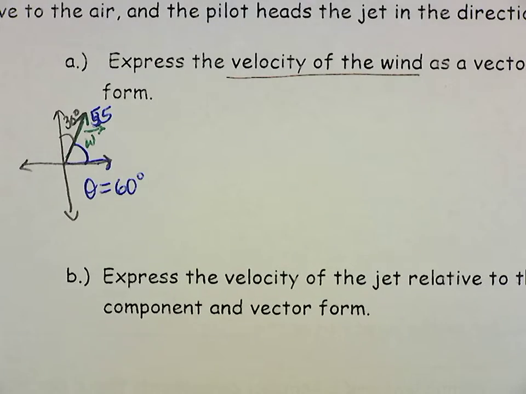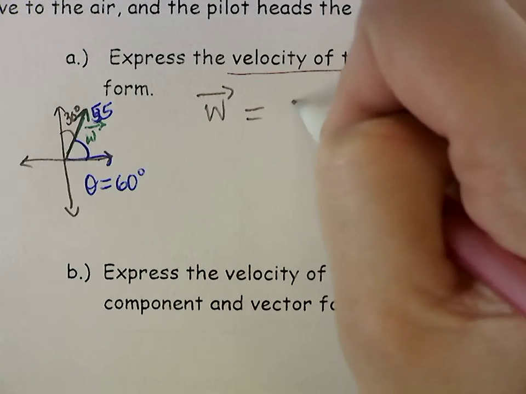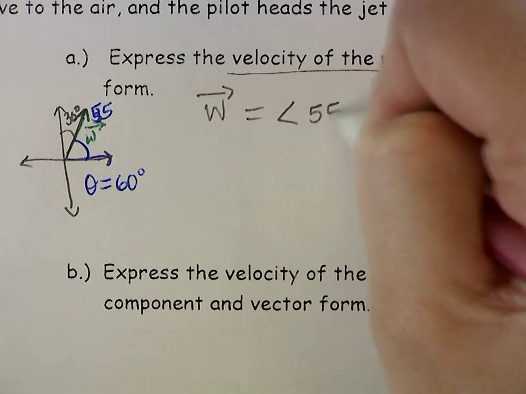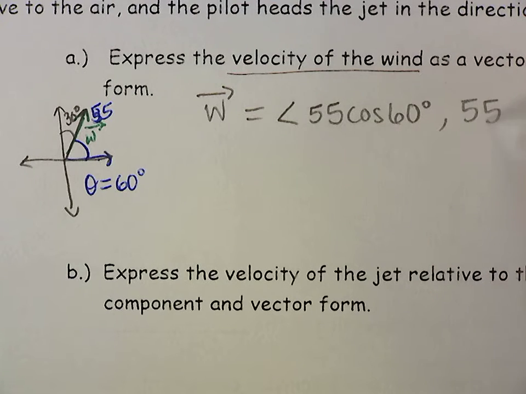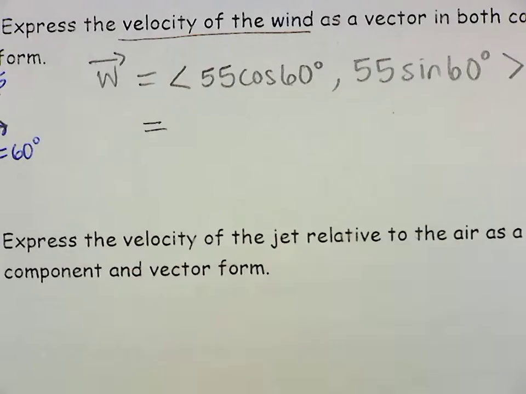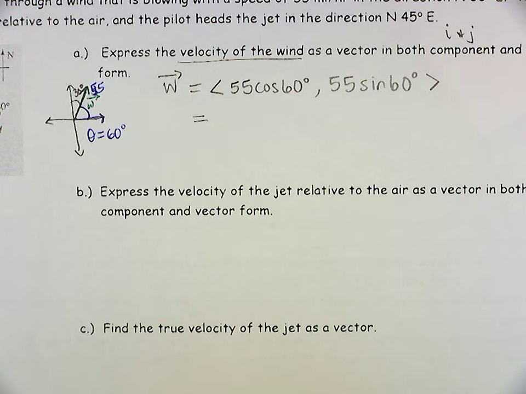Okay, so now we're going to express this in component form. So for the wind, 55 cosine of 60, and 55 sine of 60. And again, we are going to be using the decimals on this, so if you want to go ahead and use the decimals, that is perfectly fine.